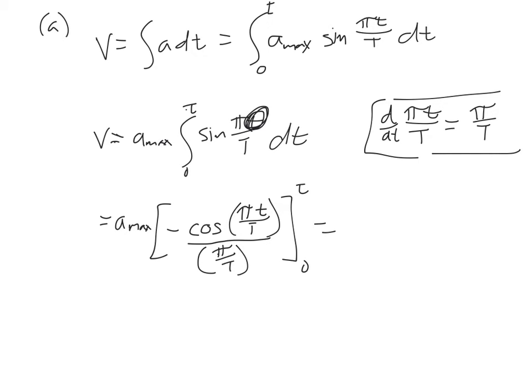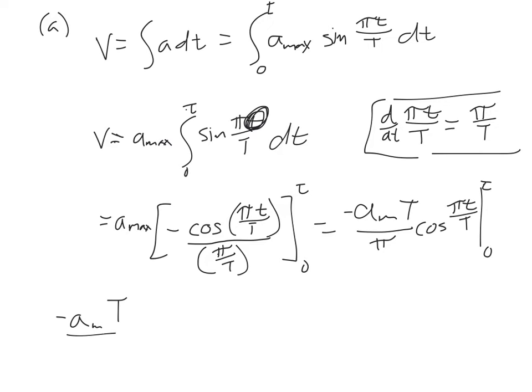Alright, so all in all, I end up getting negative a max T over pi cosine of pi t over T from 0 to t. So I'm going to end up getting negative a max T over pi cosine of pi t over T minus negative a max T over pi cosine of 0, which is just 1. This negative makes that positive.